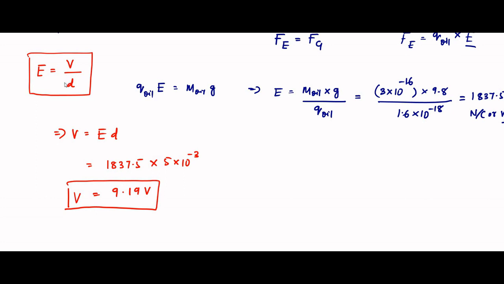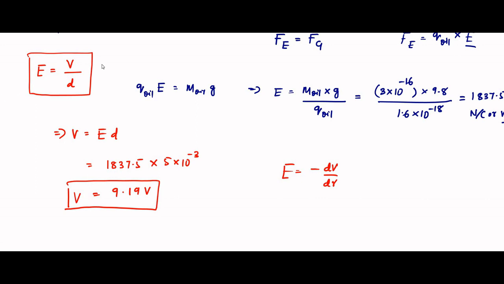So where does this come from? From the potential gradient, which is equal to minus dV by dr, where dr is the separation gap. The magnitude is only dV by dr, the rate of change of electric potential with respect to distance.